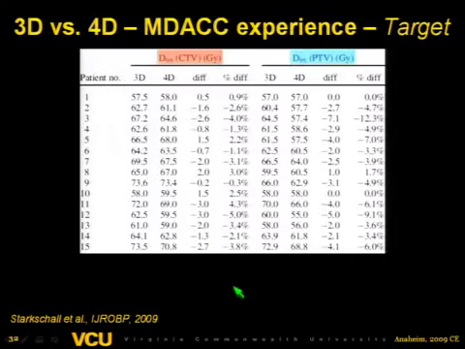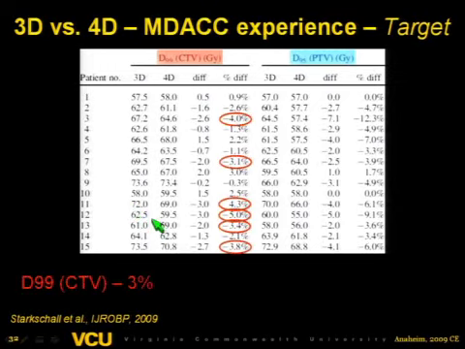A similar study was performed by Dr. Starshall and his collaborators at MD Anderson Cancer Center. And this table summarizes their results as far as the target coverage. There is no clear criteria, as I said, as to where a change is clinically important.